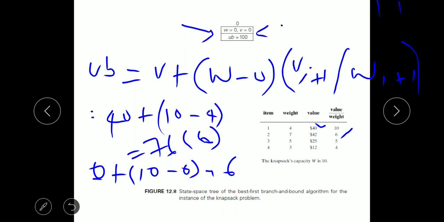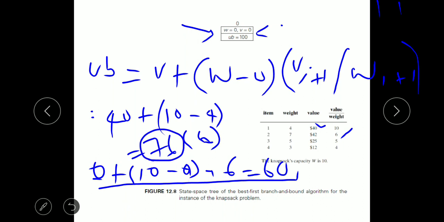So it becomes 10 into 6, which is equal to 60. So the upper bound of not including the item is 60, and the upper bound of including item 1 in the knapsack is 76. We go for the maximum profit, so we consider the first scenario.